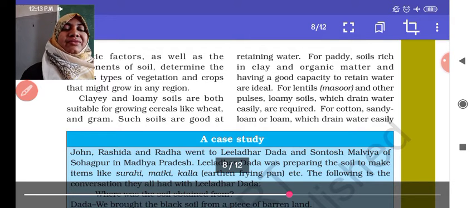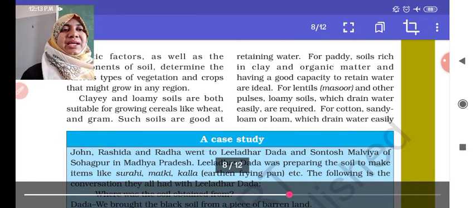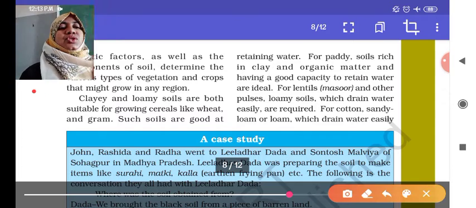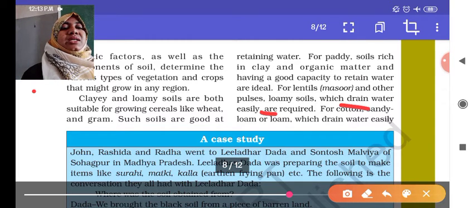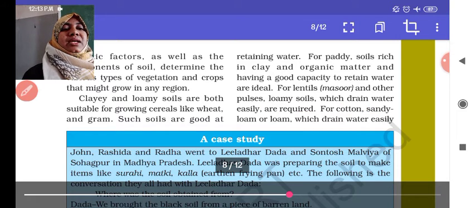So for paddy, for rice, the soil should be clay, contain organic matter and absorb water well. Then for lentils, that is masoor and other pulses, loamy soil which retains water easily is needed. For cotton, sandy loam and loam which drain water easily.